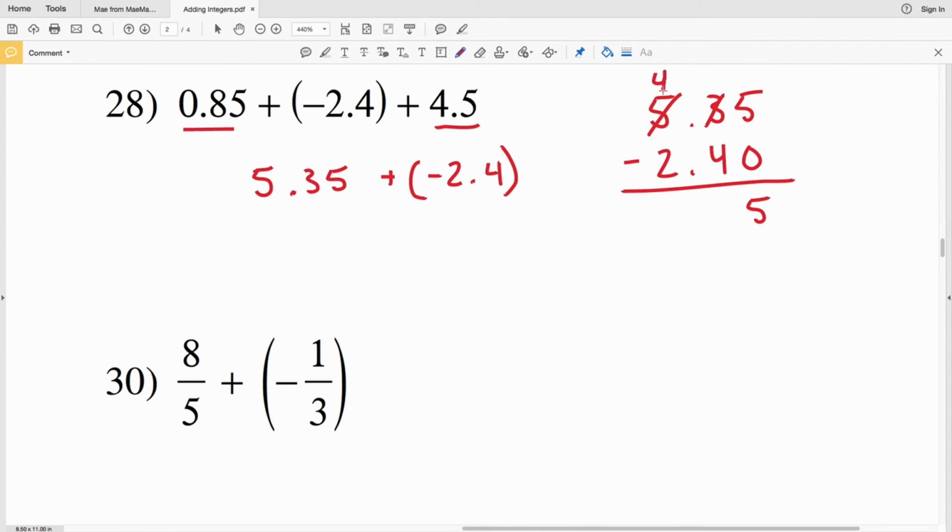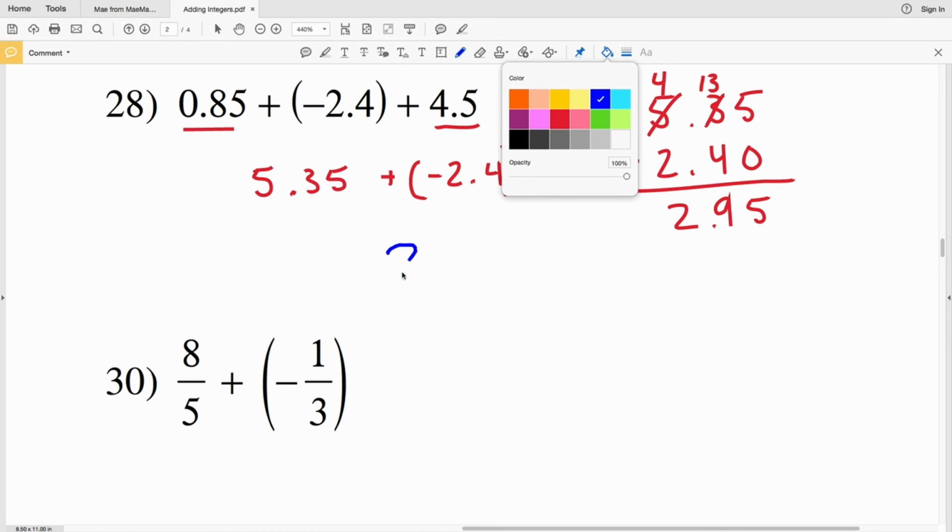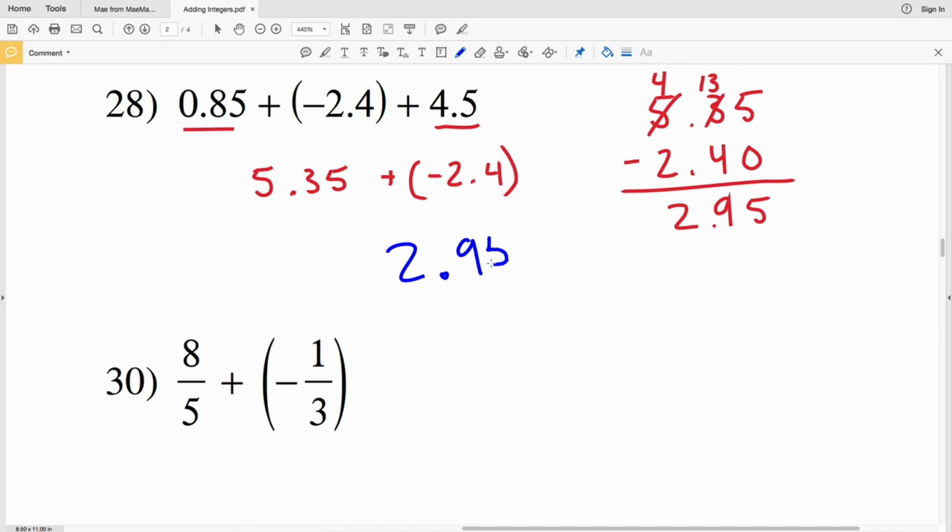So that 5 becomes a 4, and this 3, since we borrowed from the place to the left, this becomes 3 plus 10, which is 13. So then we have 13 minus 4, which gives us 9, and 4 minus 2 gives us 2.95. So our final answer is 2.95.